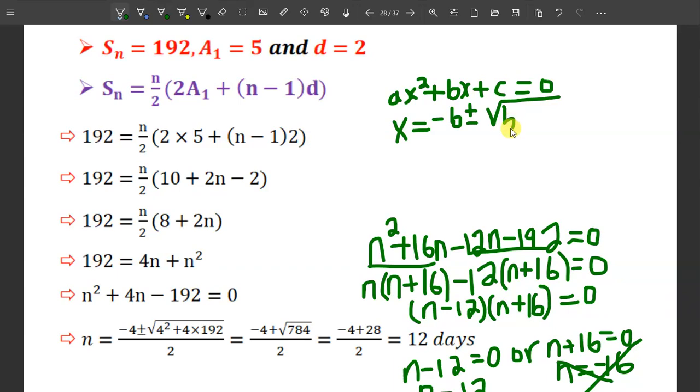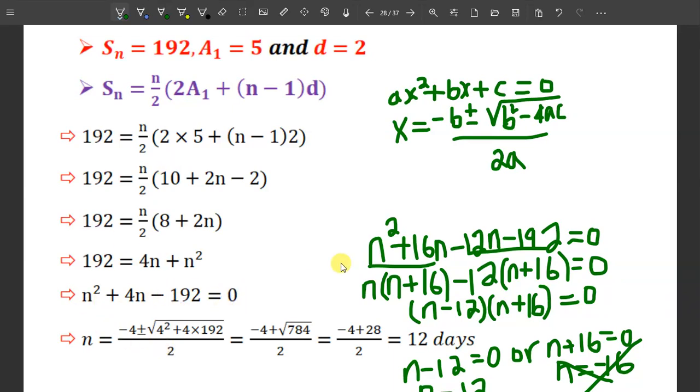Here is b squared minus 4ac, where a, b and c are constants, over 2a. Apply this one here. I used this formula to solve this quadratic equation.